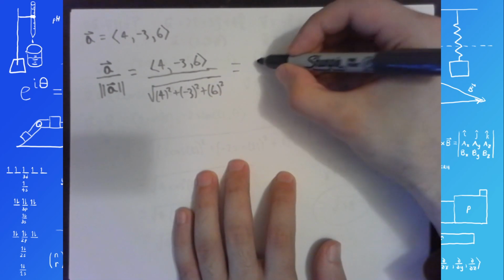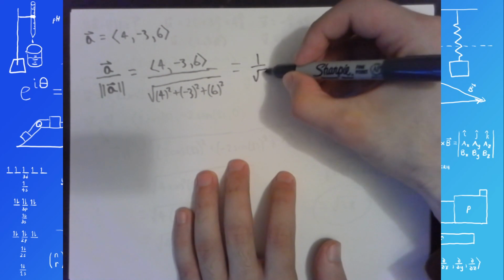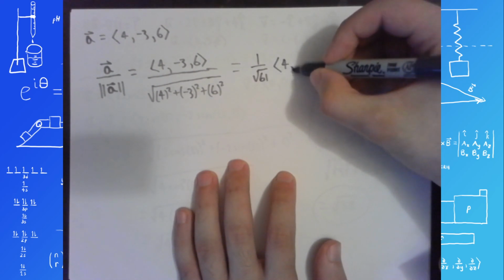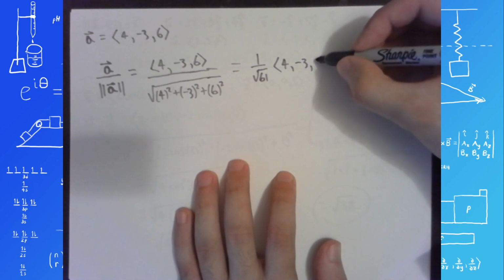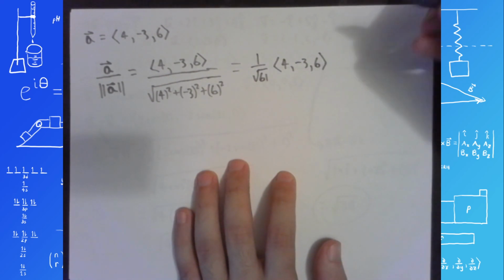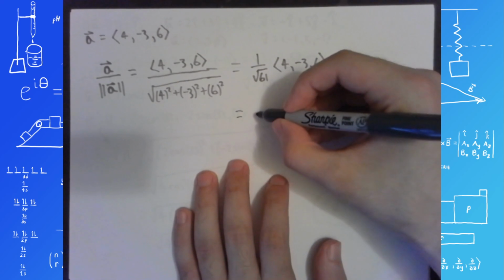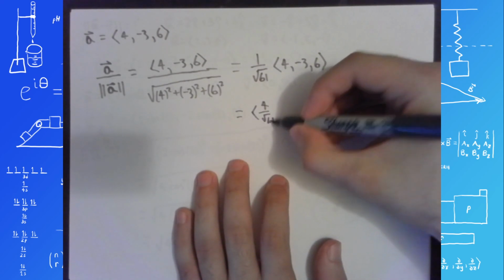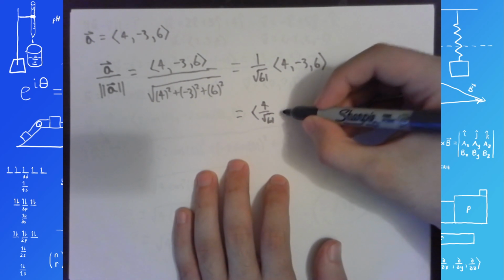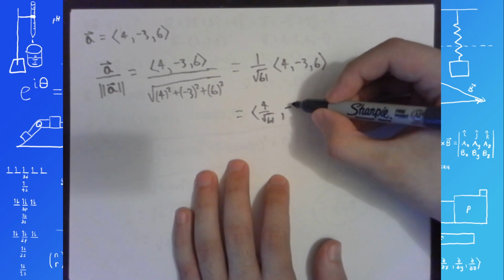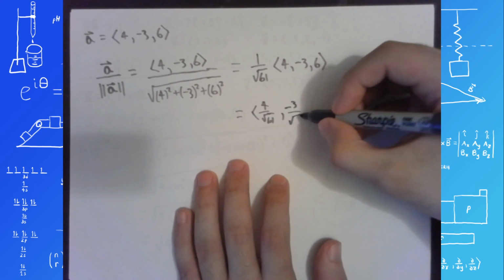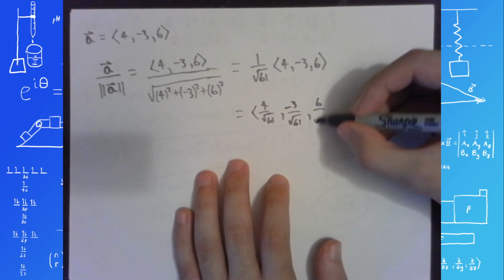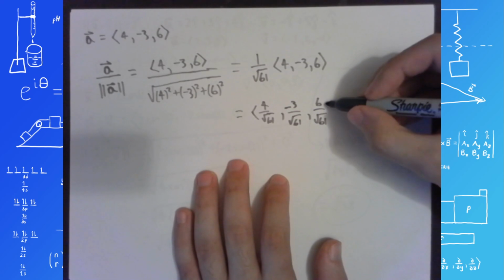So 1 over the square root of 61, essentially times 4, negative 3, 6 is equal to 4 over root 61, comma, negative 3 over root of 61, comma, 6 over root of 61.